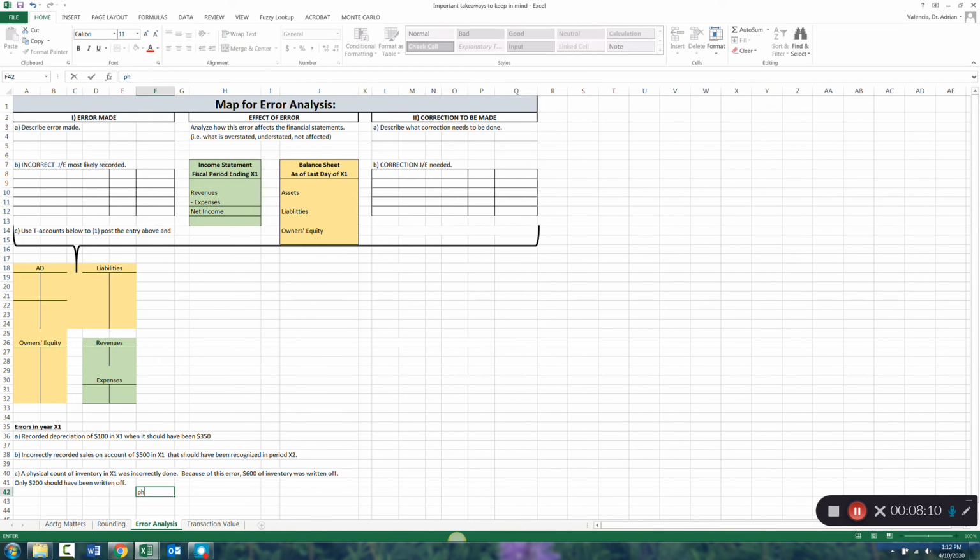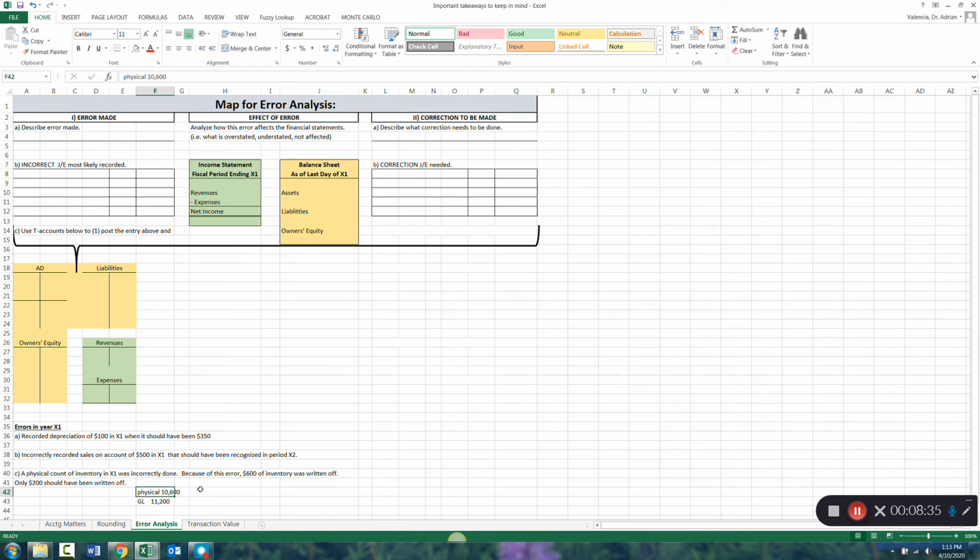Let's say, just to illustrate here, you did a physical count and it came out to be 10,600, and then your GL said 11,200. So this is the information that we are using in order to think about this $600.